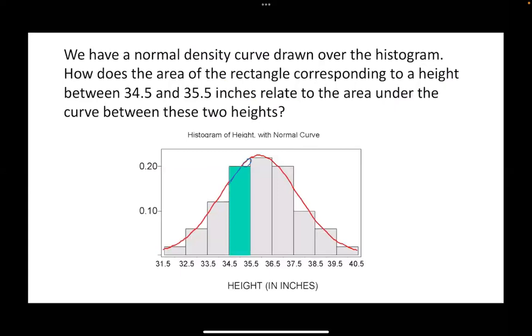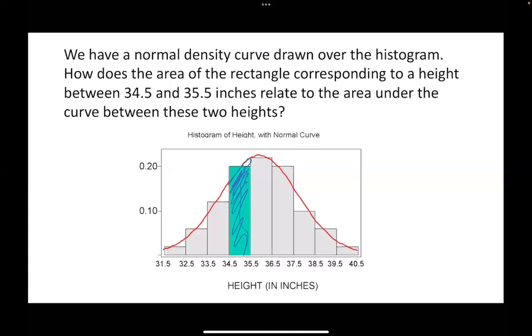So the area of that rectangle would give me approximately the probability of randomly choosing a child between 34.5 and 35.5 inches, or it would tell me the proportion of 2-year-old males that are in between that.